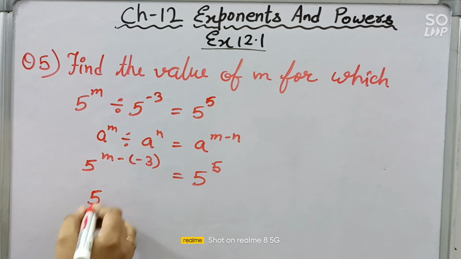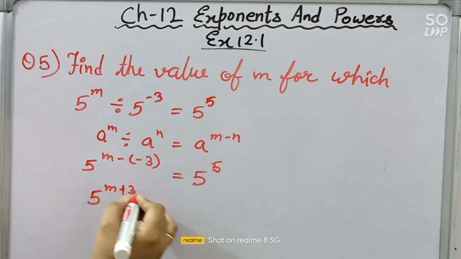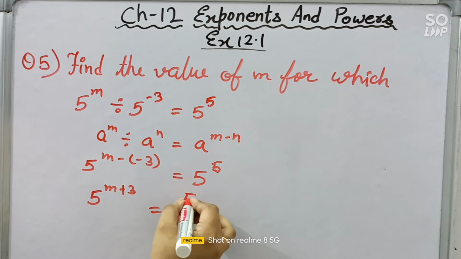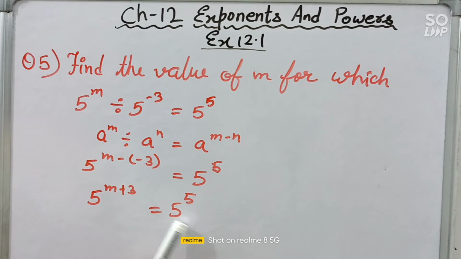Right, so this becomes 5 raised to the power m plus 3 equal to 5 raised to the power 5. Now bases on LHS and RHS are same, so we can simply equalize our exponent values. m plus 3 equal to 5. Why do I equalize the exponents?